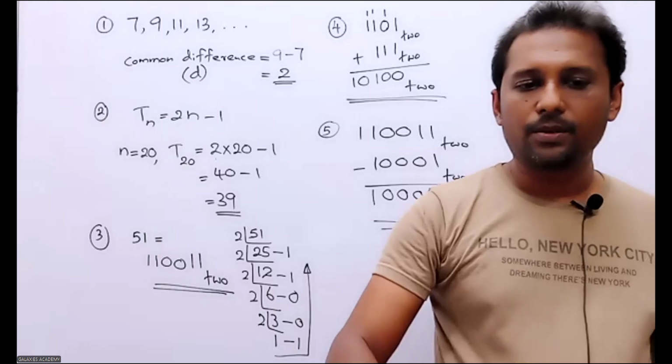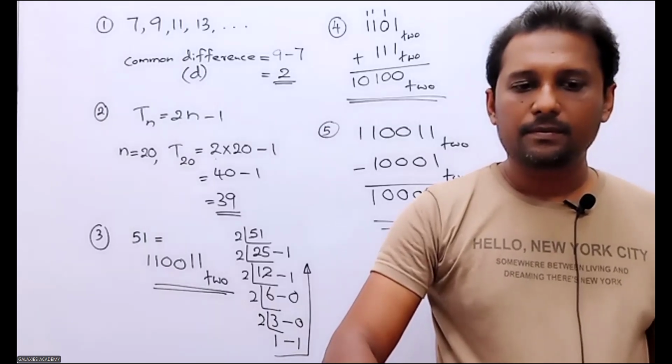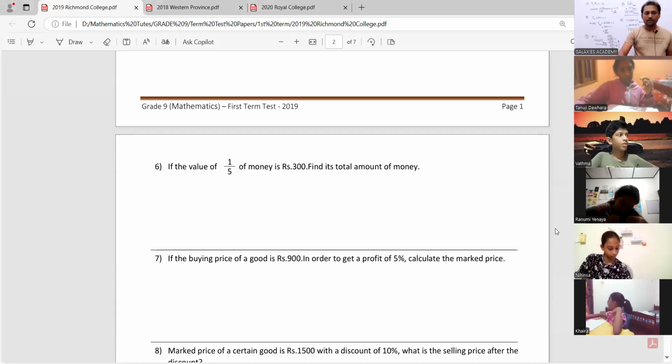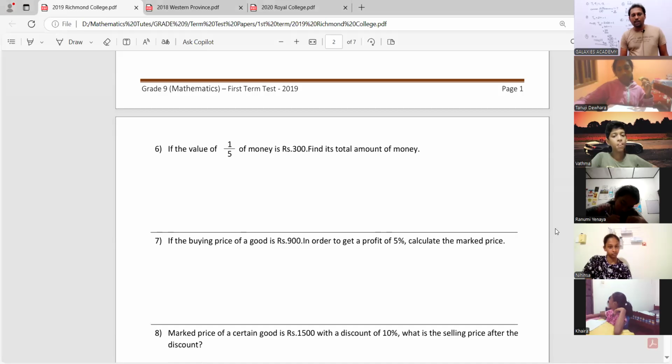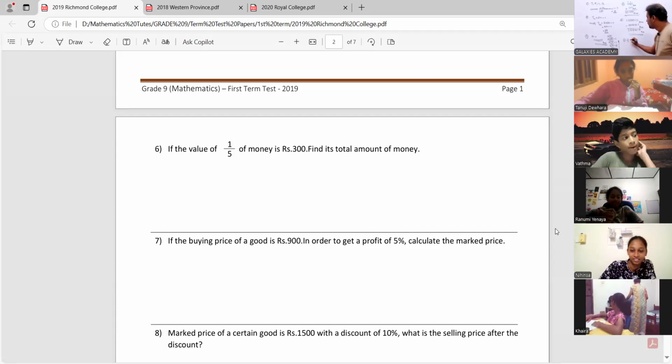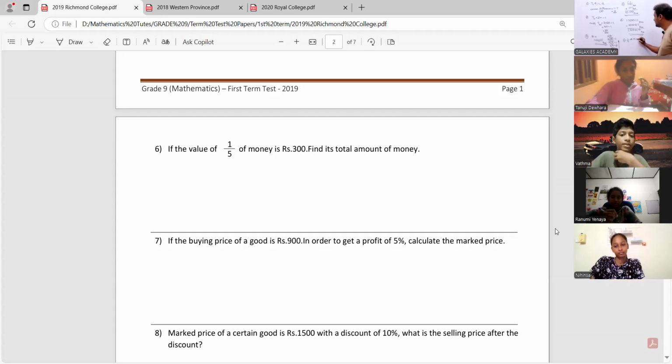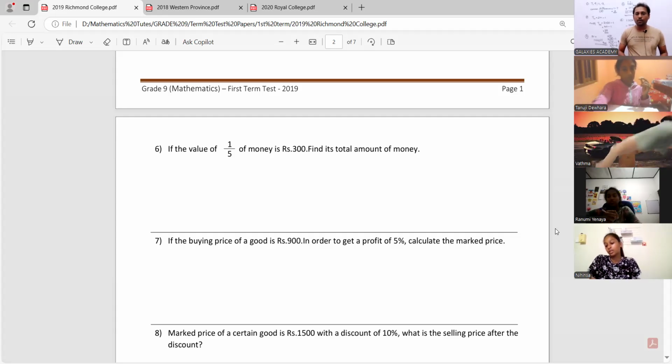Right. Then let's go to the next one, number 6. Question number 6 is given. If 1 over 5 of a sum of money is 300 rupees, then you have to find its total amount of money, right?